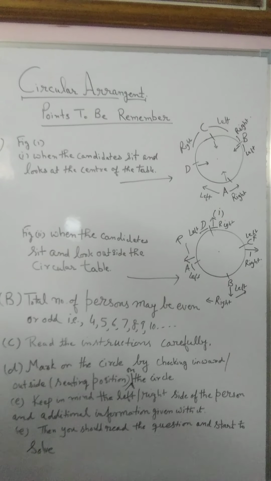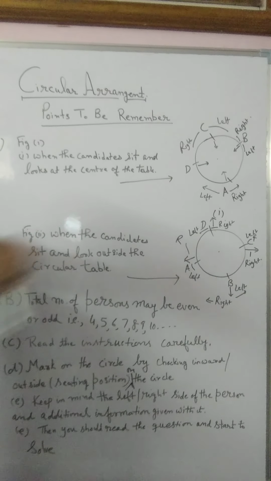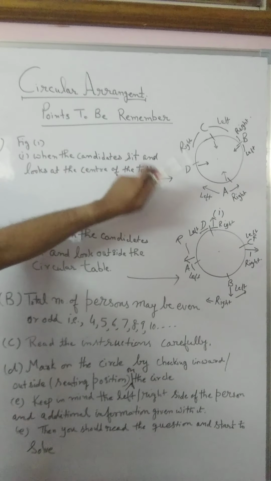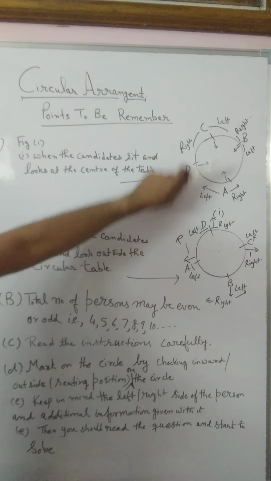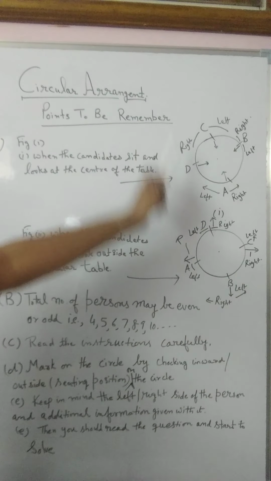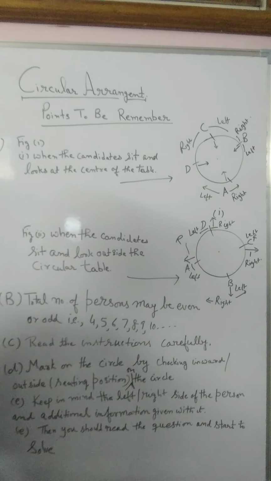In this case, we have to keep in mind that the candidates are looking inside, toward the center of the table. So we have to check their positions, A, B, C, D, etc. When they are sitting in circular form, what will be the right hand side and what will be the left hand side of each candidate.